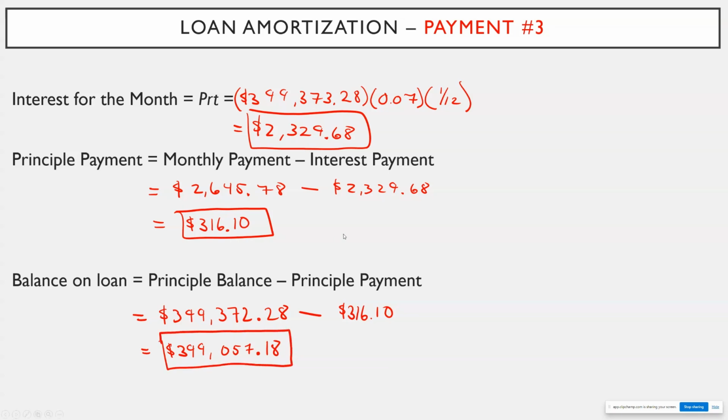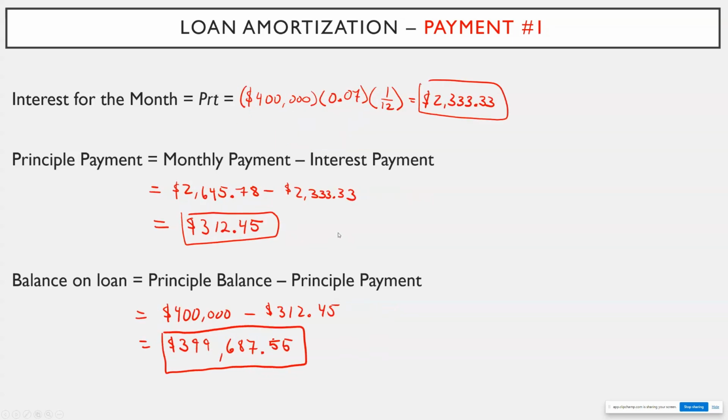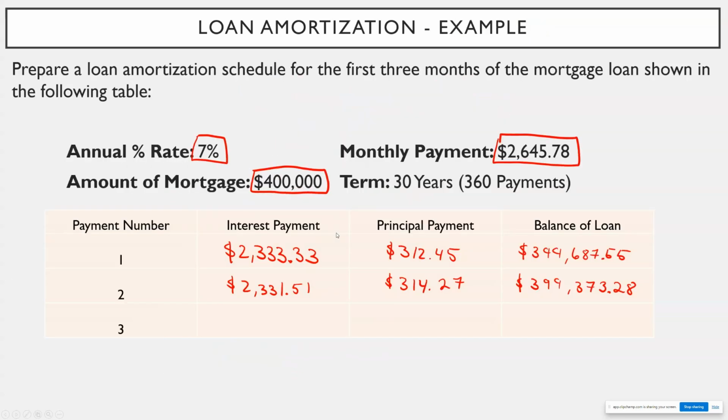So plugging this all back into the table, the interest payment here was $2,329.68. So as you noticed, each month, how much you're paying in interest has fallen a little bit, and how much is going towards principal is increasing.